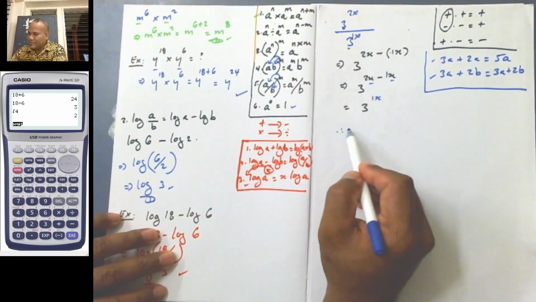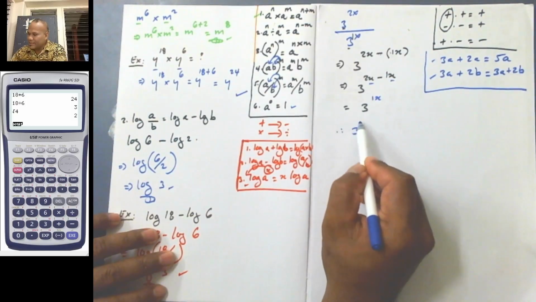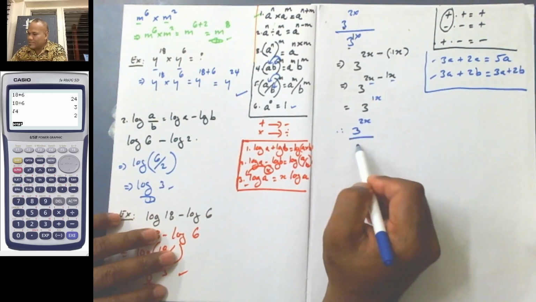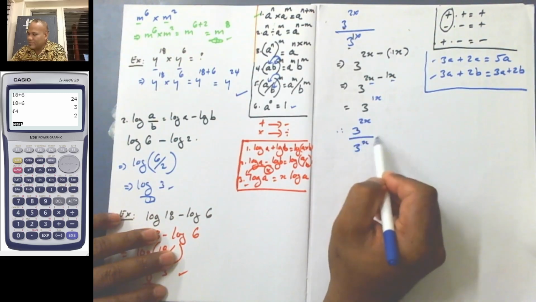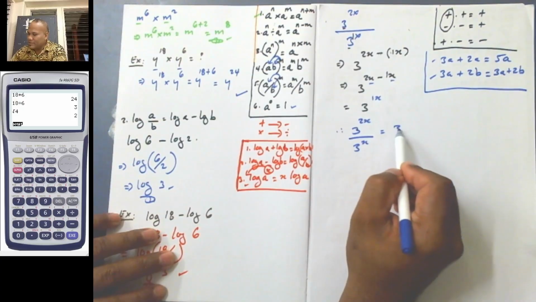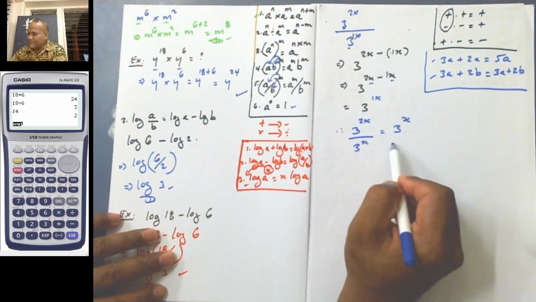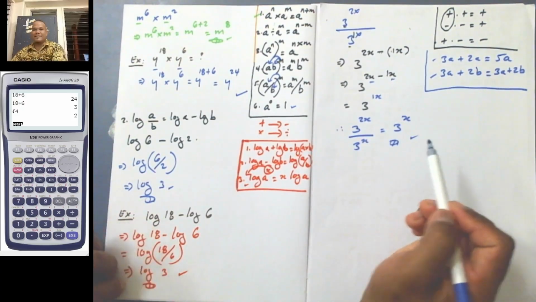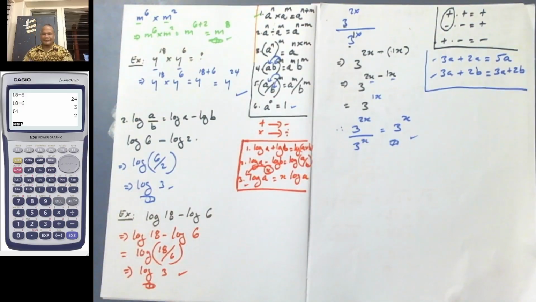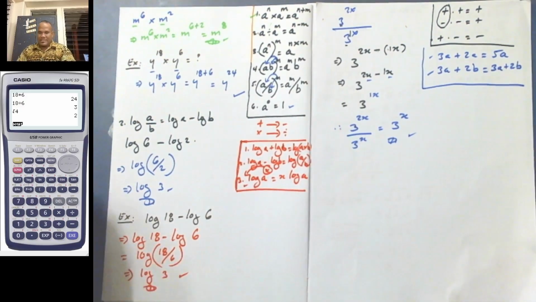So therefore, we can say 3 to the power of 2x over 3 to the power of x is equal to 3 to the power of x. And that is your answer. Use the same concept. You can answer this question.